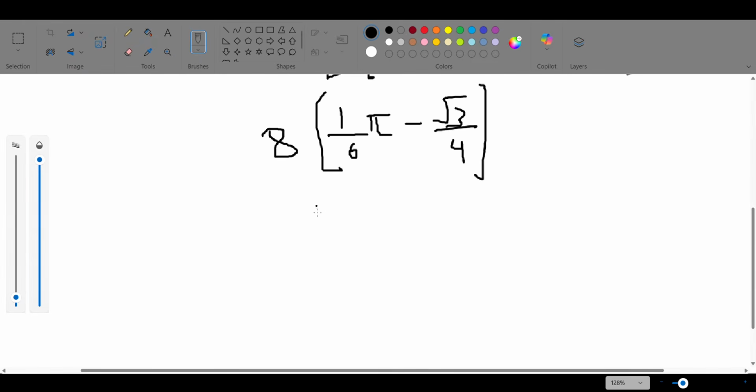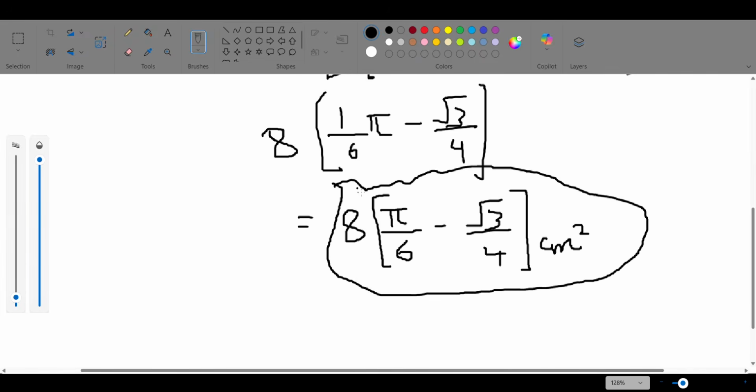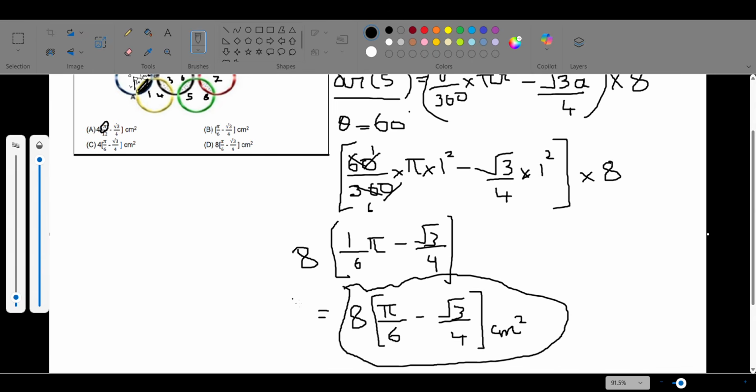That's nothing but 8 into pi by 6 minus root 3 by 4. And since they ask area, it should be in centimeter square. Now this is the answer. So this one is option D. Therefore D is correct.